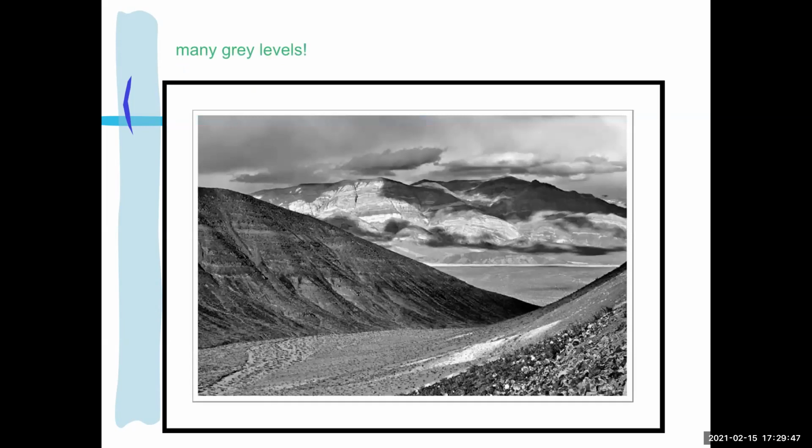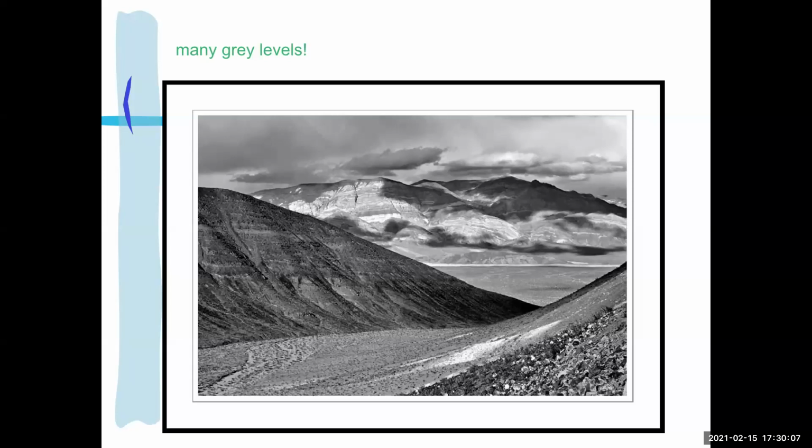So here's an image with a lot of gray levels. How many gray levels? Let's look at it for a moment. Think about it. 20 gray levels, 600 gray levels, 2047 gray levels, 16,000 gray levels.